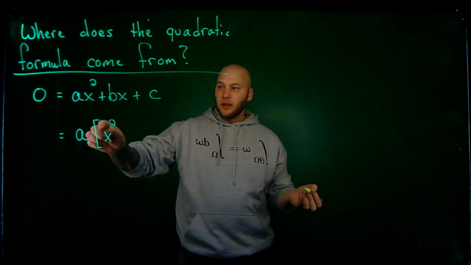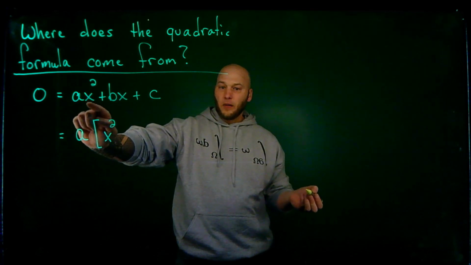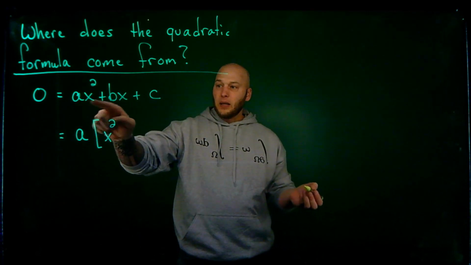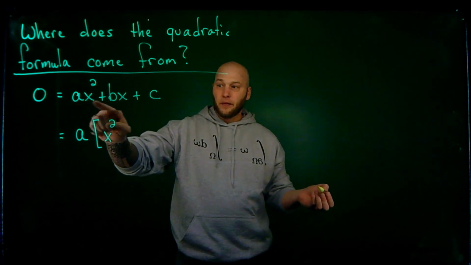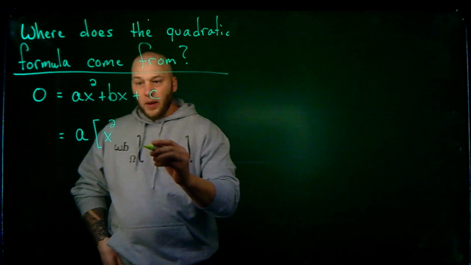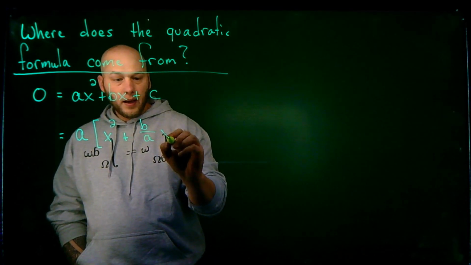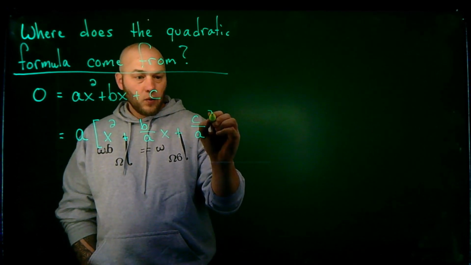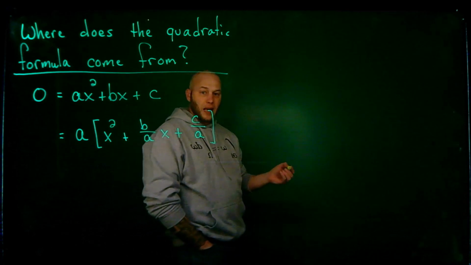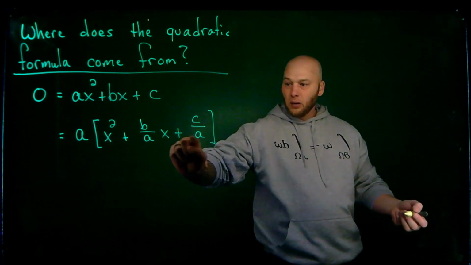You could think of it as taking a factor of a and putting it in front, and then a factor of 1 over a in each of these terms. Said differently, I'm just dividing each of these by a. So x squared plus b over a x plus c over a. I could quickly check: if I redistribute the a back through, I would get a here, b here, and c here.